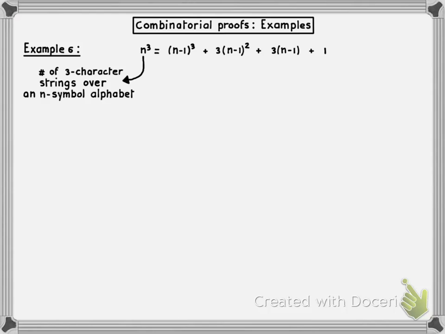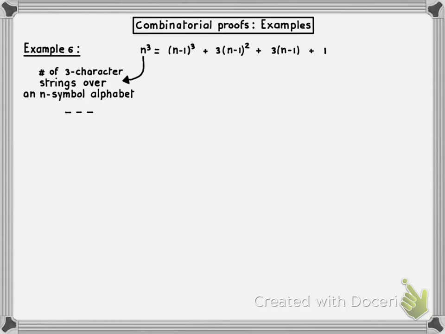Now remember, this should become pretty straightforward at this point. Let's say you want to build a 3-character long string, and we can choose for each character a symbol out of an alphabet or a set of n characters. So we have n choices for the first position, n choices for the second, n choices for the third position, assuming we can repeat the symbols in the string.